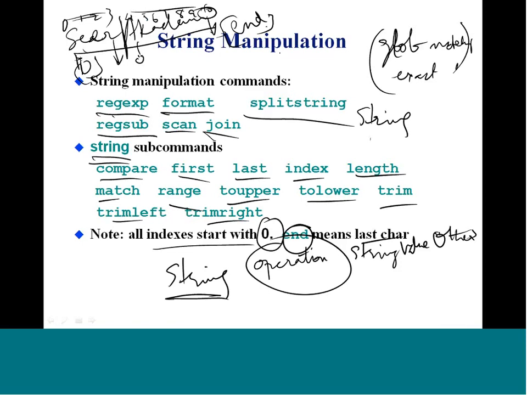So now let's look at these commands. The string compare takes two arguments, string 1 and string 2, and returns 0 if they are equal, minus 1 if string 1 sorts before string 2, or otherwise 1. So compare has three return values.